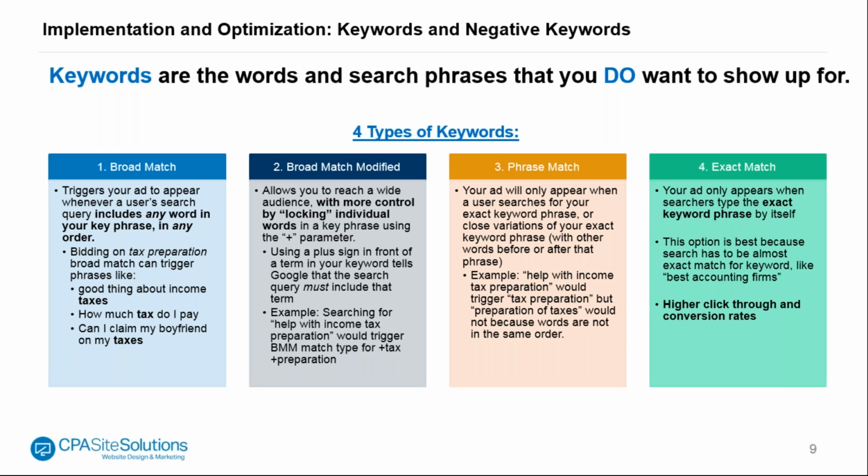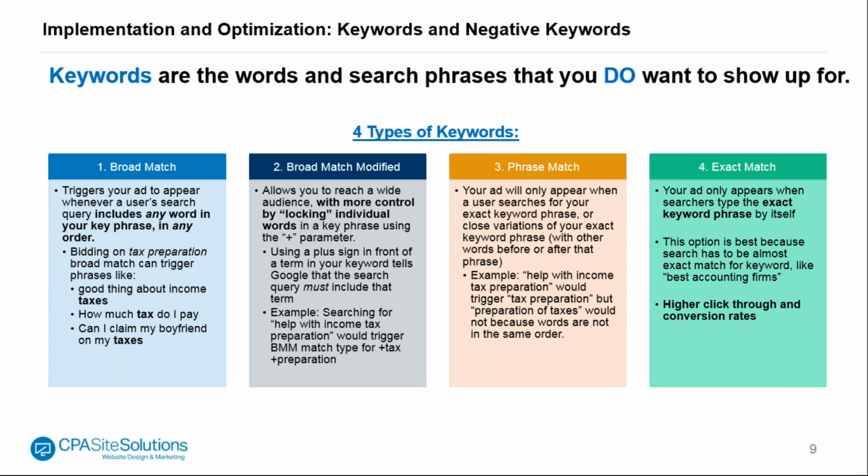Then you have broad match modified. It allows you to cast a wide net, but it gives you a little more control by locking individual words in the phrase by using the plus sign parameter. Essentially what that means is that the query must include all of those terms so that it'll attribute it to that match type. Phrase match gets a little more specific.